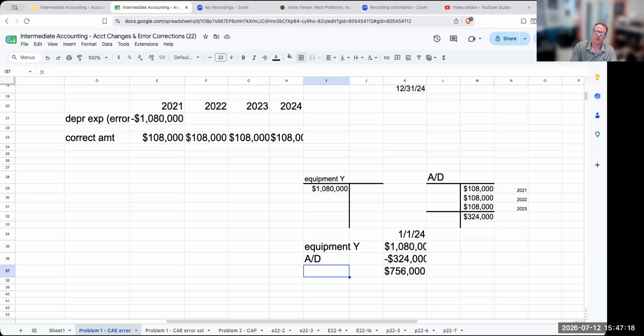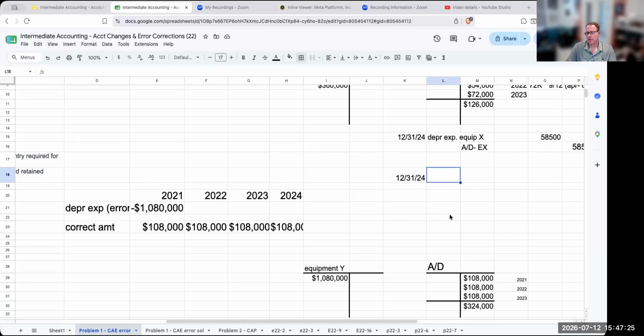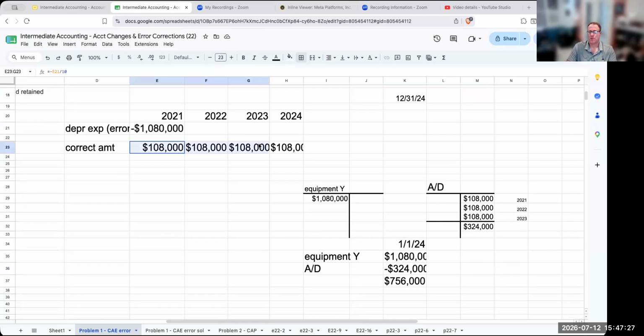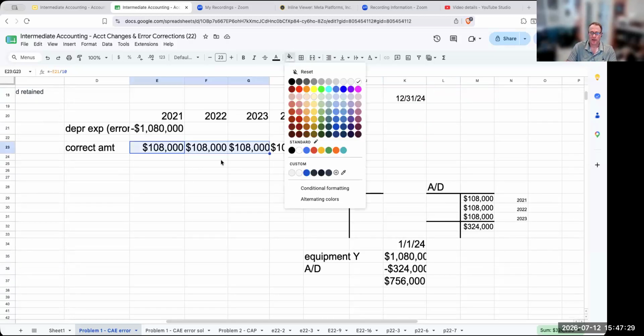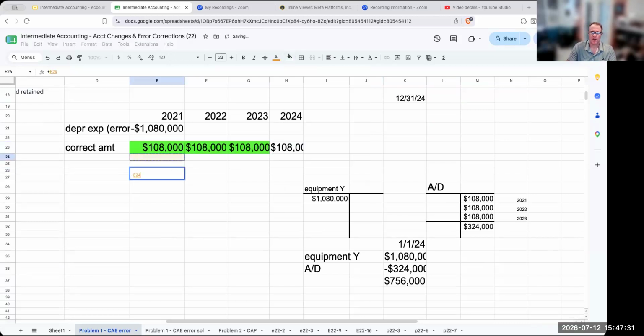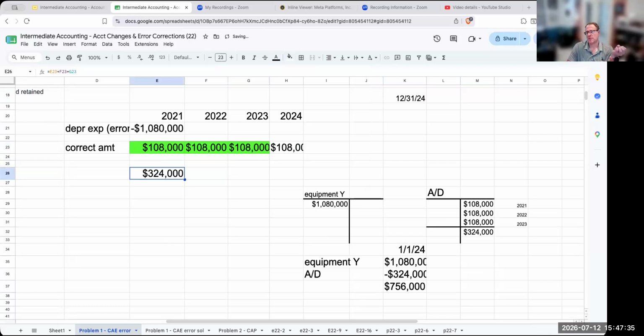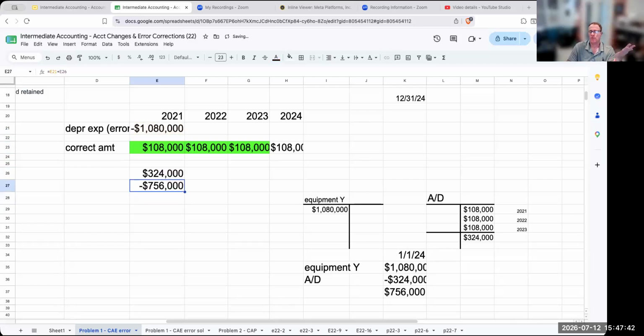So how am I going to figure this out? At this point in time, I should have taken 324,000 worth of expense.